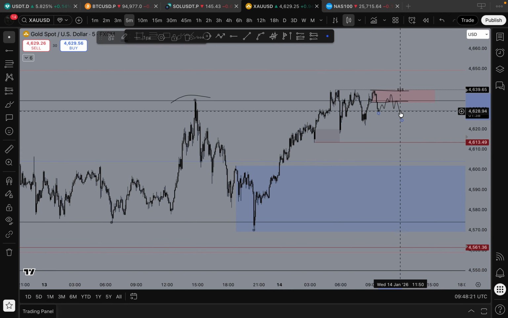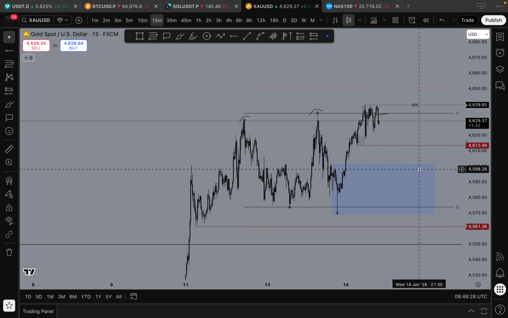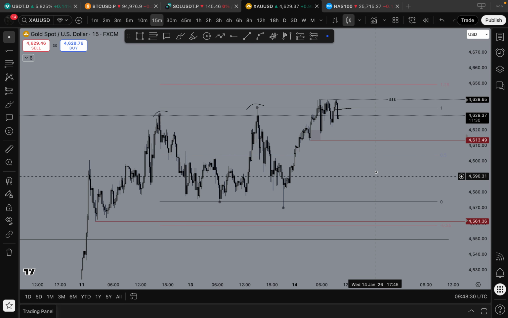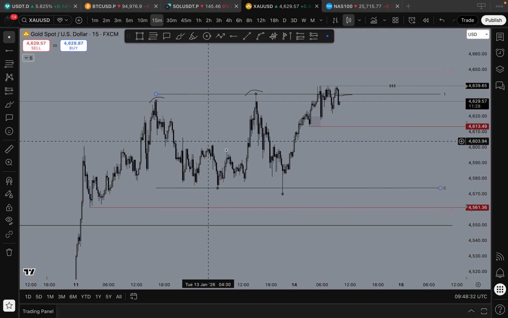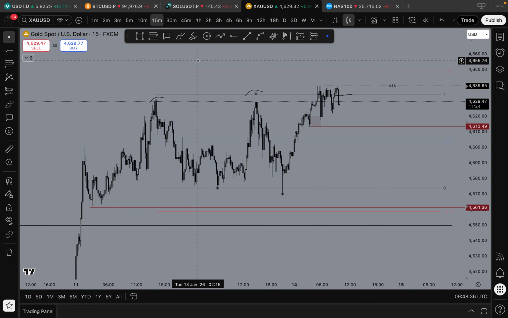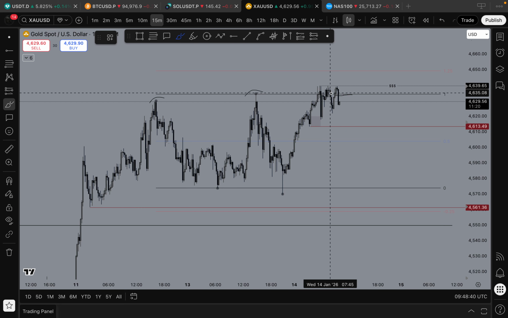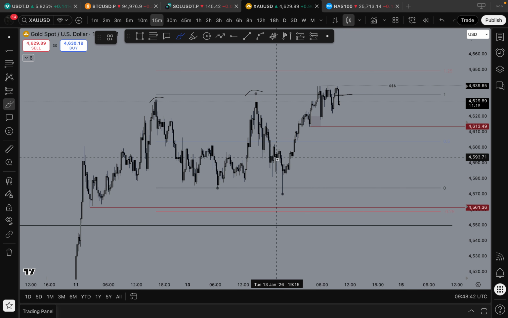However, I would not force it. I would only trade this with clean triggers, because if you use logical thinking, price is in a high time frame uptrend. We accumulated with the 1, 2, and the 3 right there, made a reaccumulation with taking out all the liquidity, direct move back up to the highs. Main structure remains bullish.